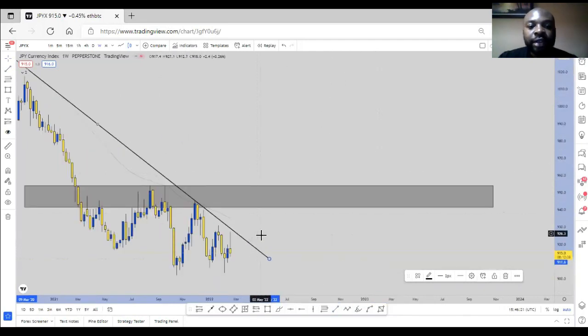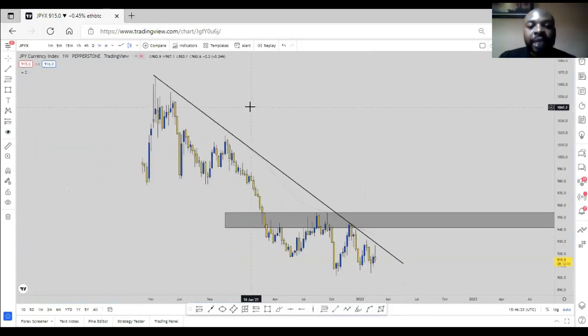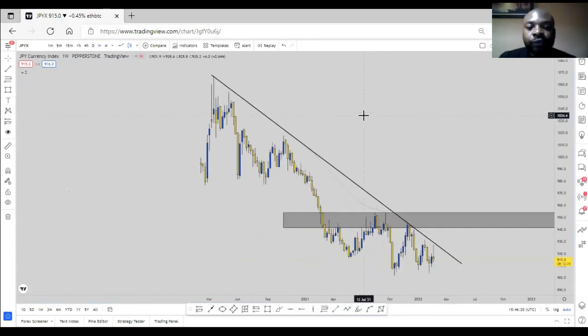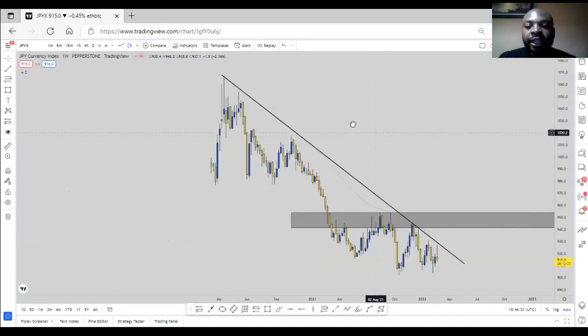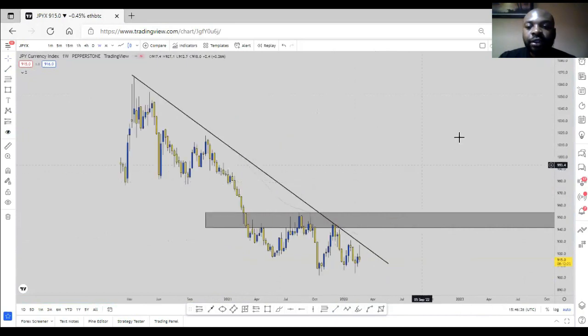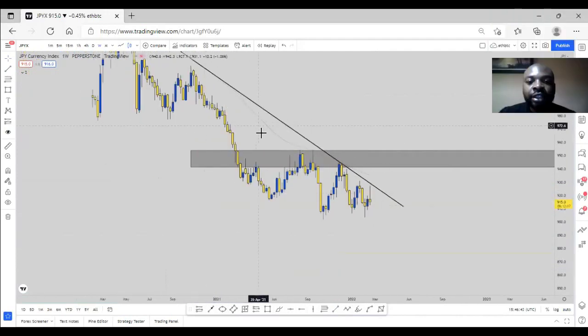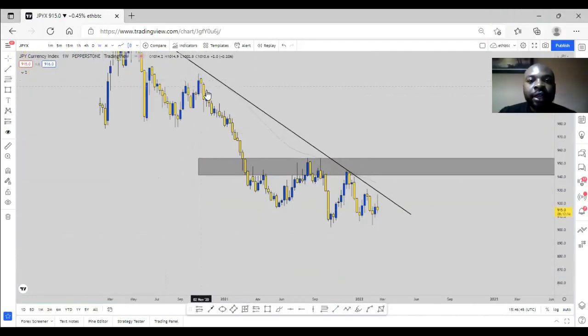Price is still struggling to come to this level again. So I also want to apply the rules of my trend line, and on the weekly chart I also want to know what exactly is going on structure wise. I can see that there was a massive crash from here and here to this point.